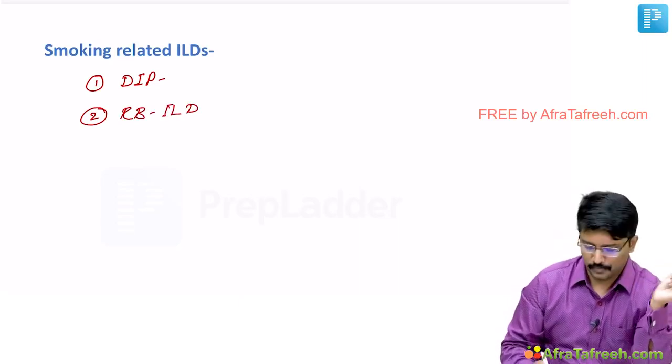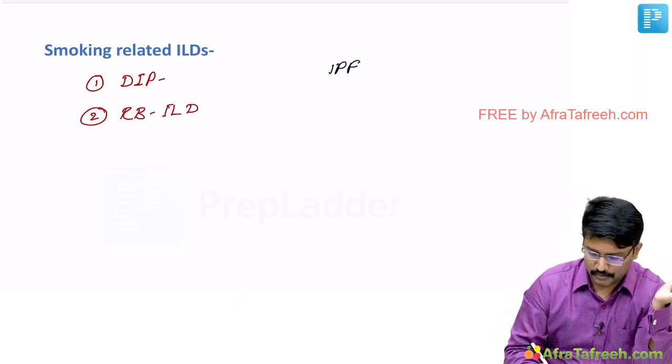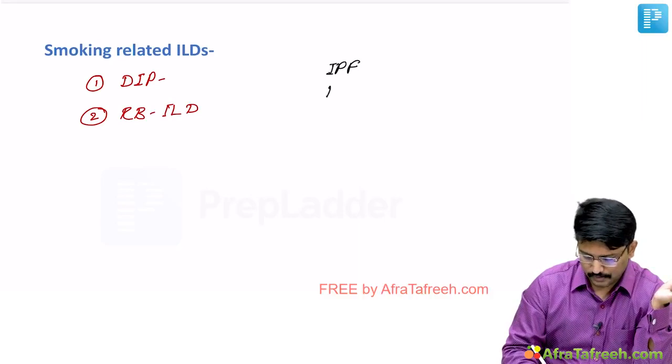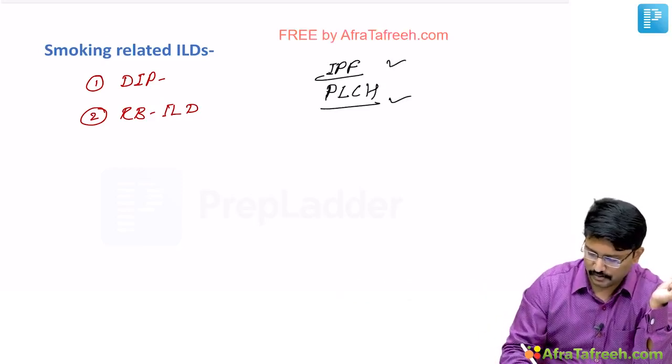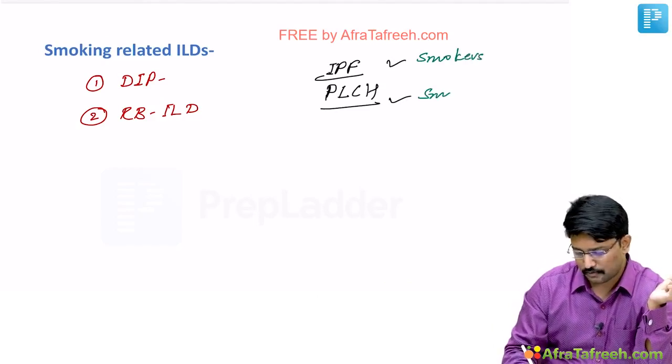Apart from these two, idiopathic pulmonary fibrosis and pulmonary Langerhans cell histiocytosis (PLCH) have significantly higher prevalence among smokers. So smoking seems to be a significant risk factor for these two entities.